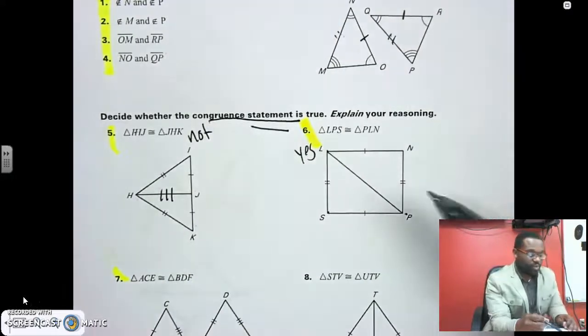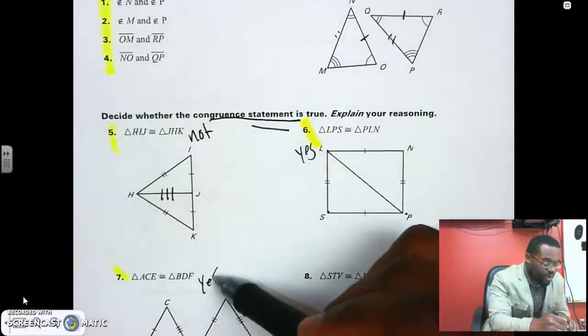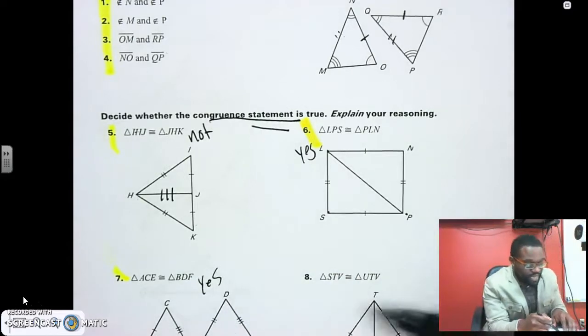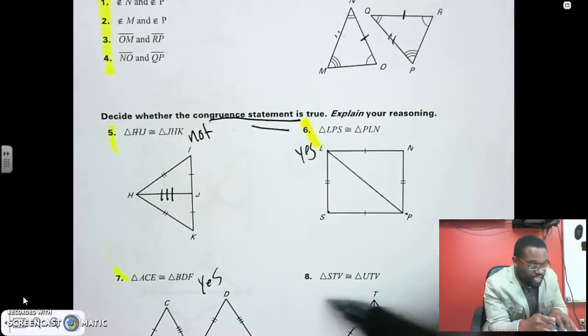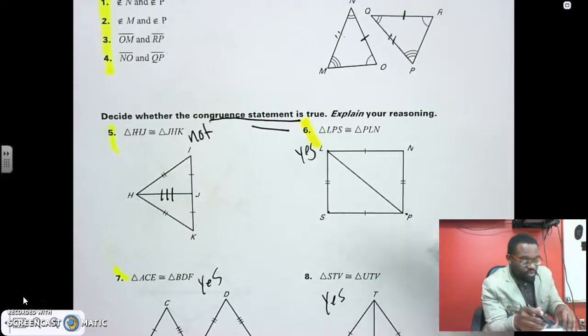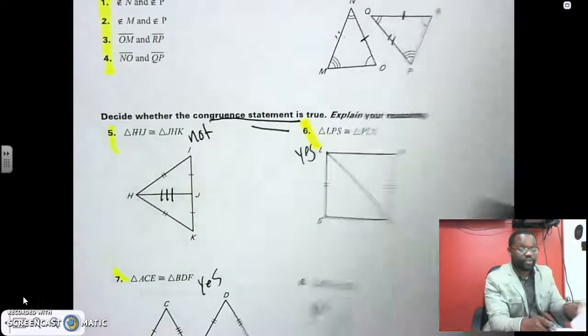It follows the proper order. A, C, E on the first one, and B, D, F on the second one. Yes, this one follows the proper order for both. And S, T, V for the first one, and U, T, V for the second one. Okay, so I'm cool with that. Those all work out because they are written correctly.